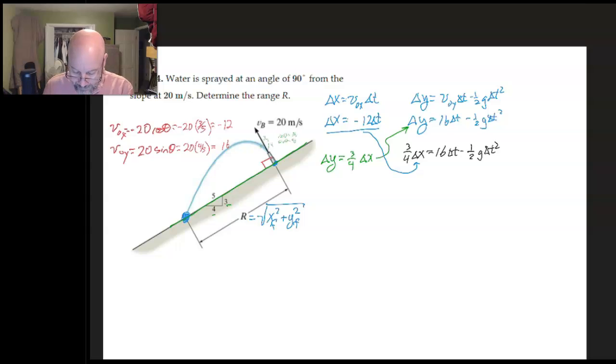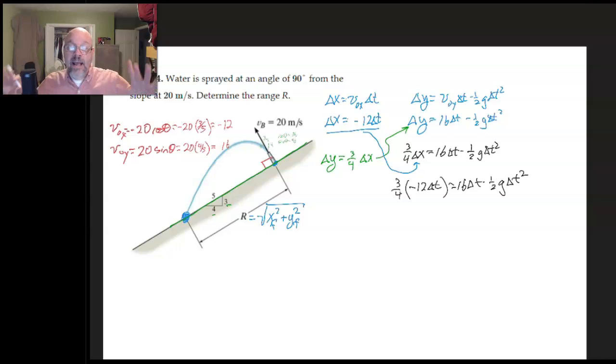Another substitution. So now I have 3/4 of delta x, which is minus 12 delta t, equals 16 delta t minus 1/2 g delta t squared. Look at that. Now everything is reduced to a single variable, delta t, a single unknown.